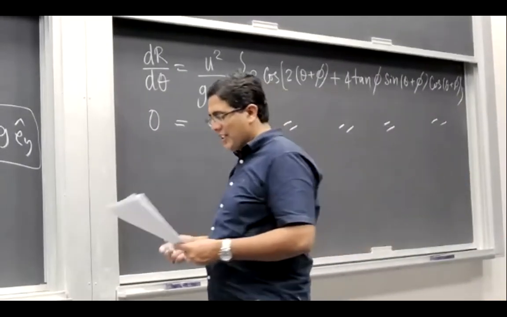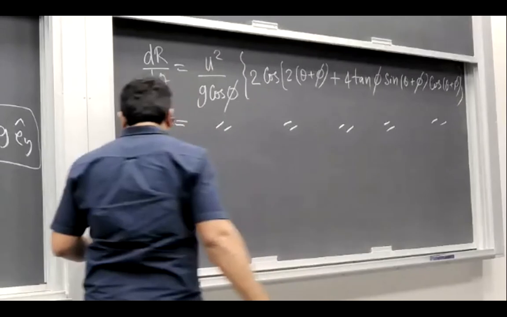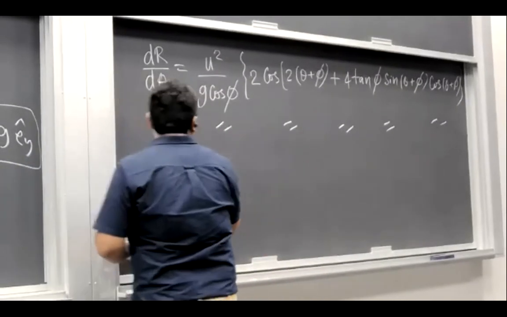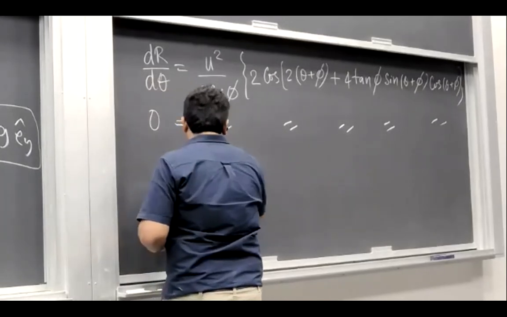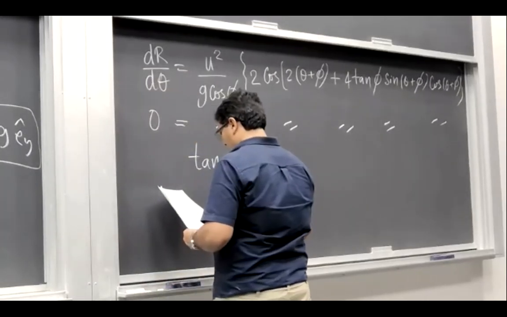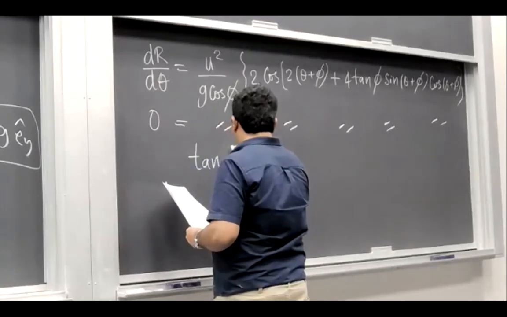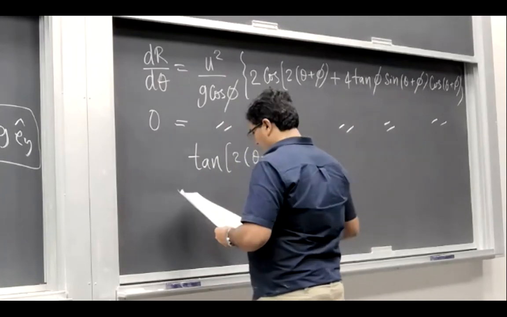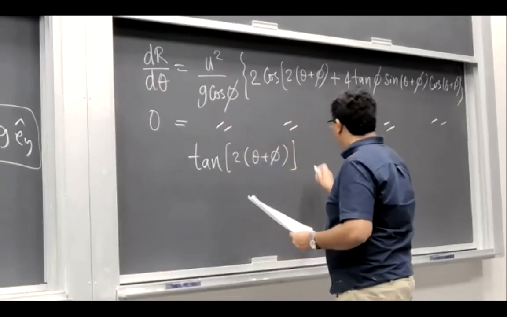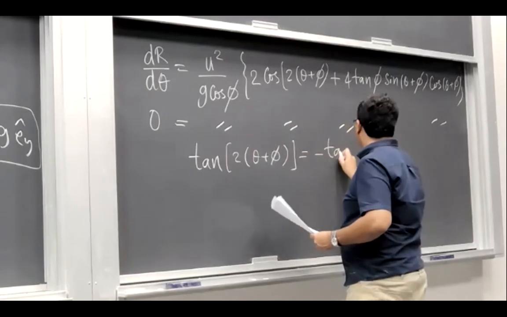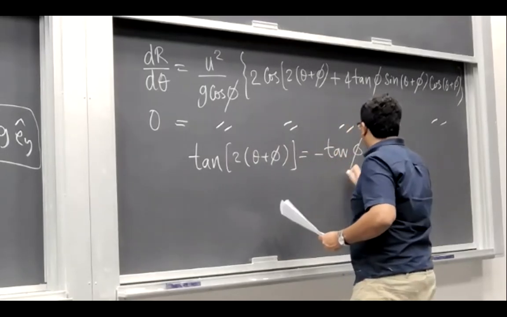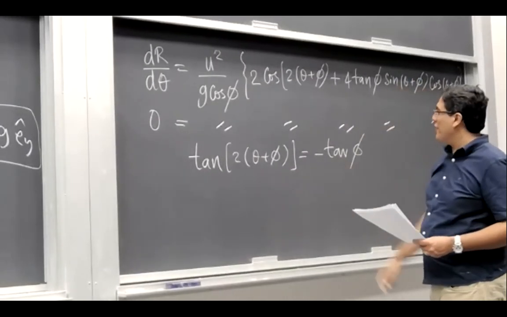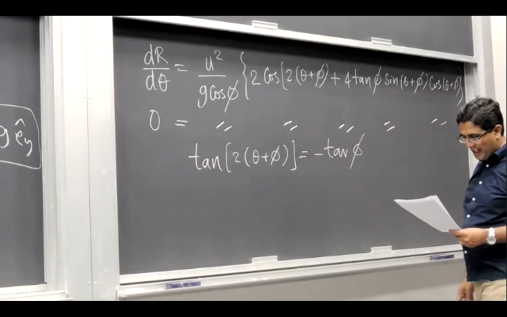And once you have set it equal to 0, after some algebraic wrangling with the equation, what you would get is something like this, equals minus tan of phi. Now this is a not very straightforward equation to solve for theta if you want to find out.